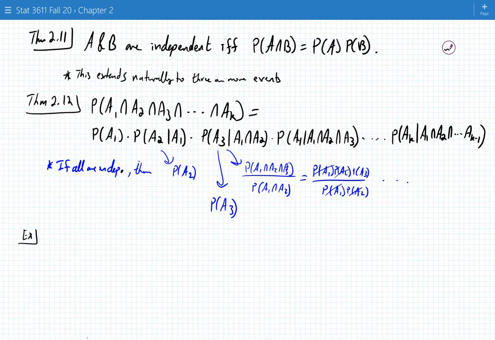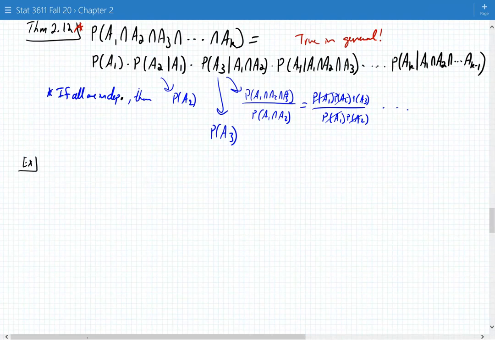This is true in general. You have these conditional events. If they're independent, this simplifies down a lot. But if they're not independent, we still get to use that, okay? And so let's go ahead and start with that.